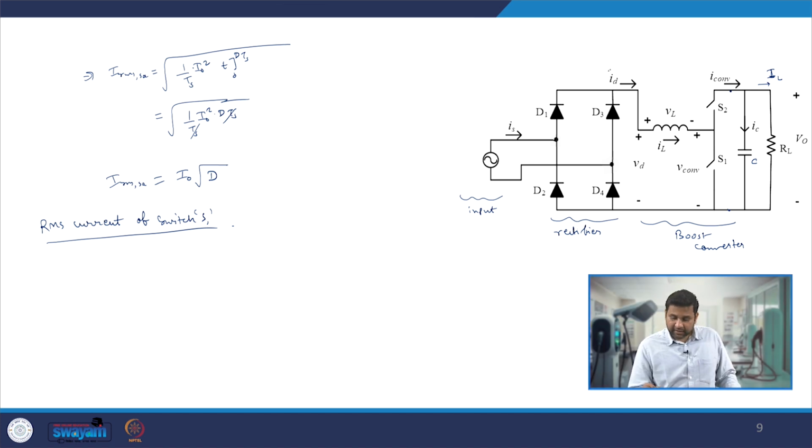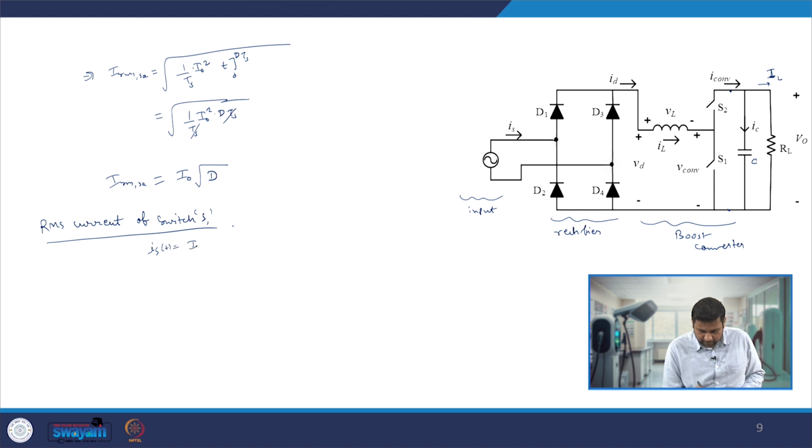In the negative half cycle ID is equal to minus Is, and because of the operation of this converter, Is of t is Is peak sin omega t.